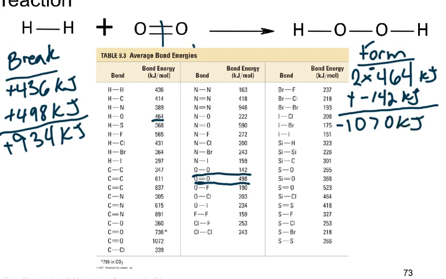And so if we add those together, plus 934, we get a total of negative 136 kilojoules given off by the reaction of hydrogen with oxygen to form hydrogen peroxide.